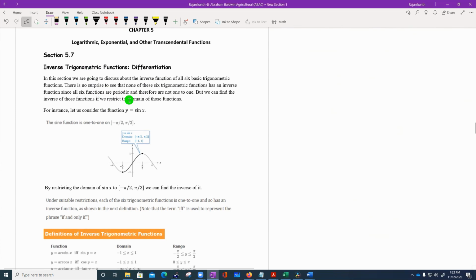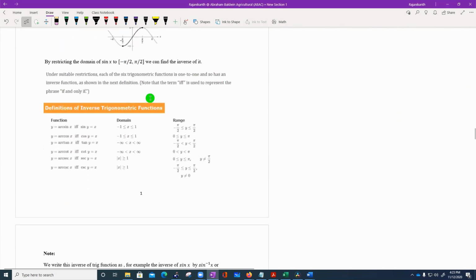So this is just the inverse of the function, right? Remember, suppose you are given a trigonometric function, say sine x. Remember here, x is the domain, right?